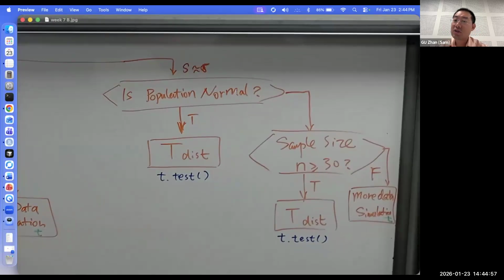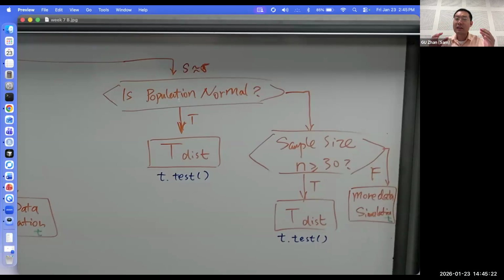Then if it is not normally distributed, then according to the central limit theorem, you want the sample size to be large enough so that the sampling distribution can be a normal distribution, because the population distribution is not normal. If the population distribution is normal, your sampling distribution will be normal, even if your sample size is small.